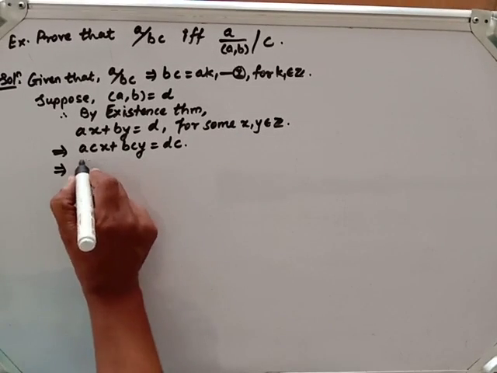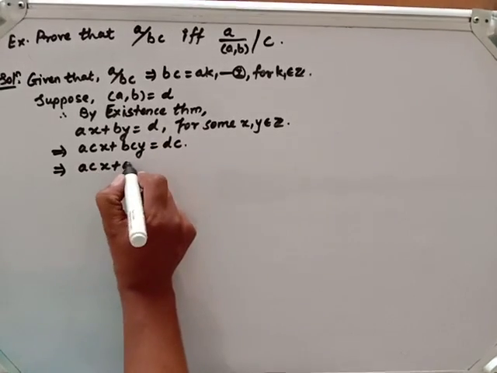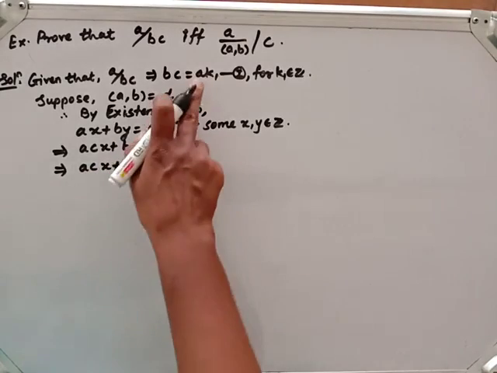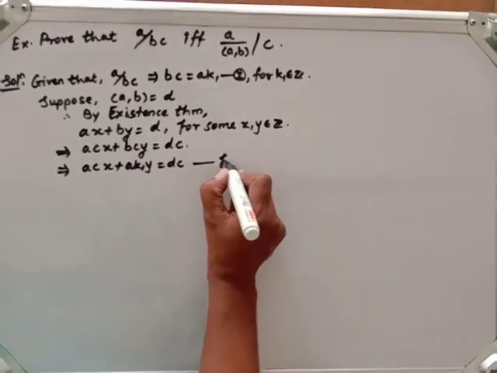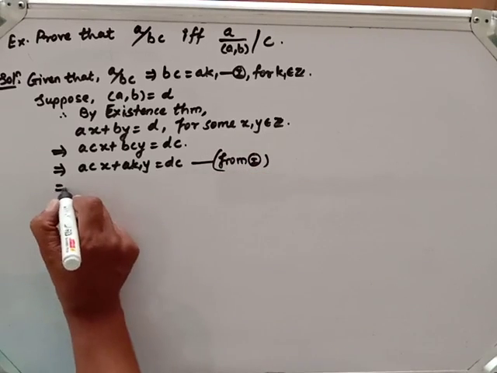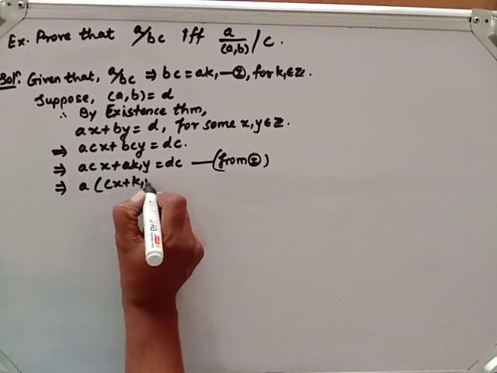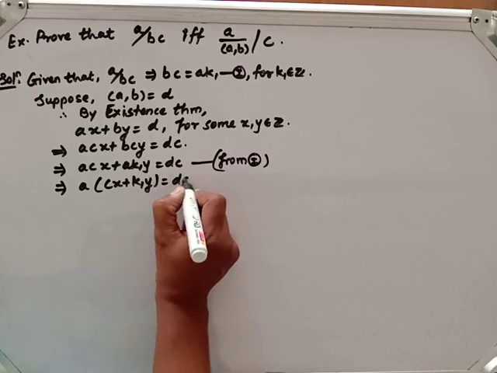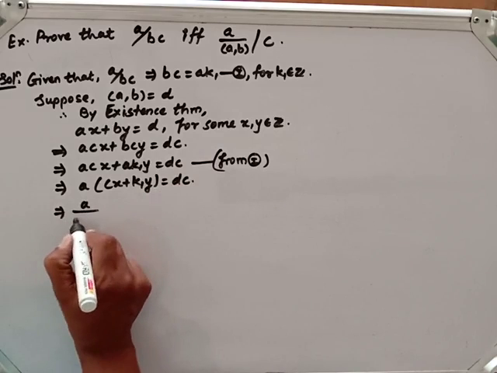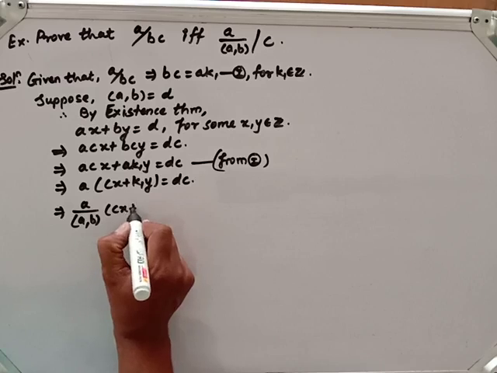Now this is the same as to say acx plus ak1y equal to dc, because bc is equal to ak1 from 1. Fine. Now this gives a into cx plus k1y is equal to dc.